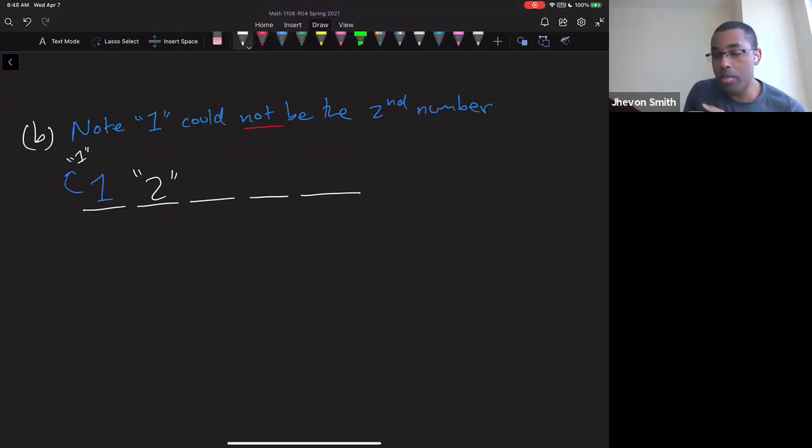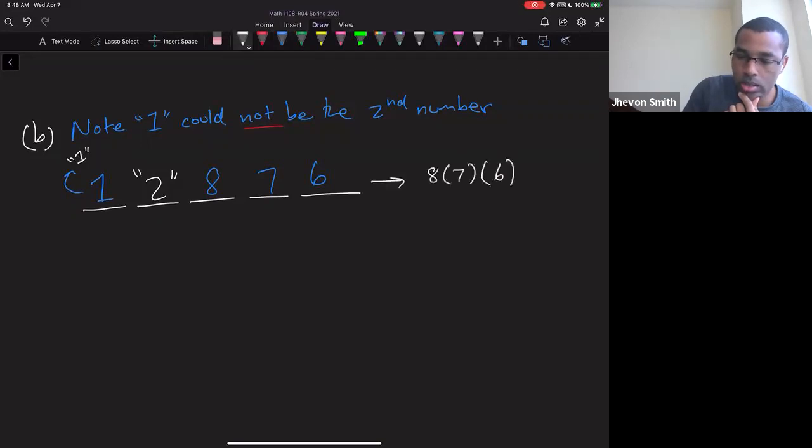So 2 is in the second position, it has to be 1 in the first position. And so now I would have to choose how many are left. Well, there will be 8 choices left to pick. So there's 8, 7, 6. So that would be 8 times 7 times 6.